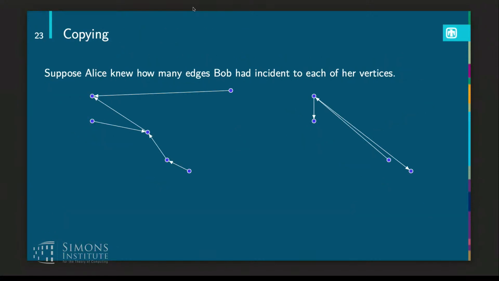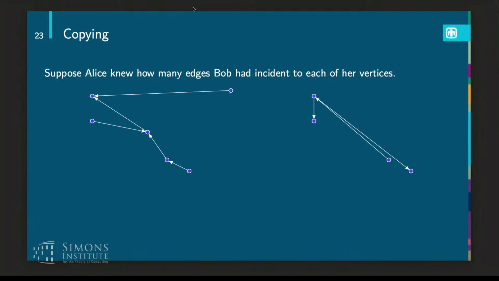Well, this time we can actually do something a bit nicer than what we could do in the triangle counting case. We'll start by imagining that Alice knew how many edges Bob had incident to each of her vertices.